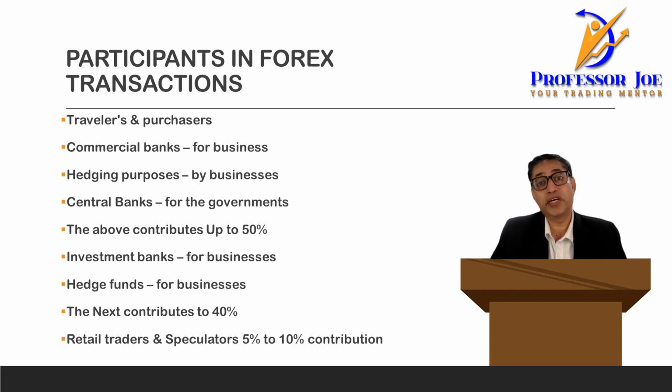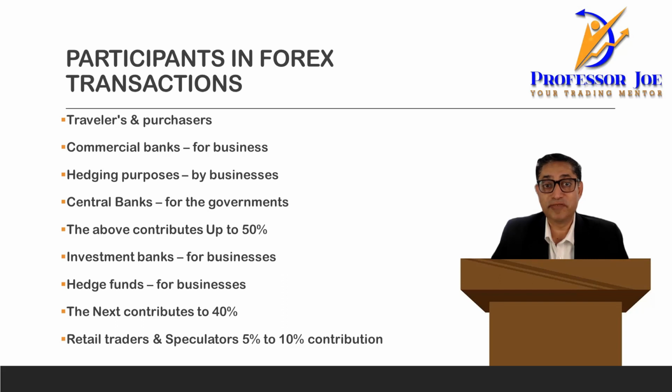The next important participants in forex currency are the investment bankers and the hedge funds. They invest money for the rich and affluent people across the globe. Today, the globe is like a common market for everybody. People from different parts of the globe invest into different parts of the globe.